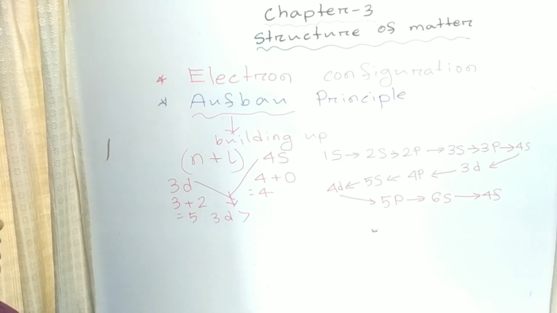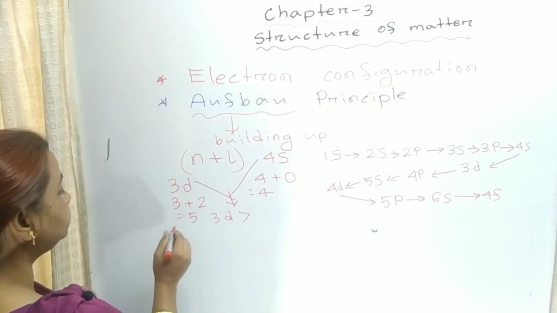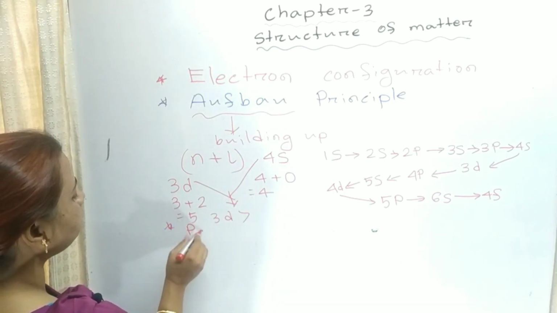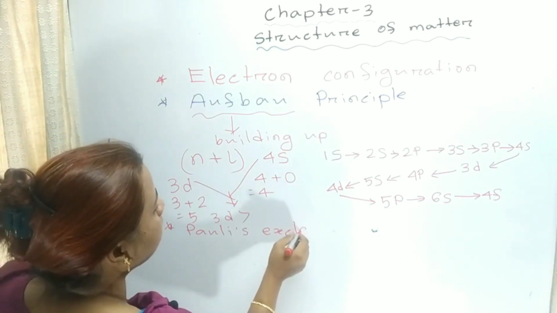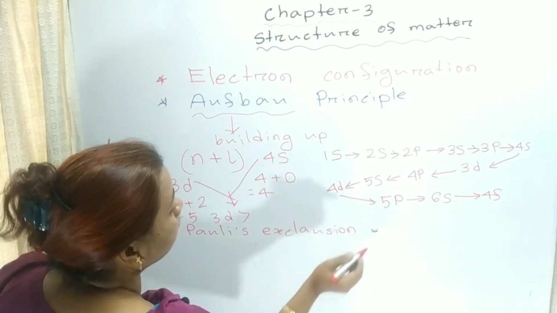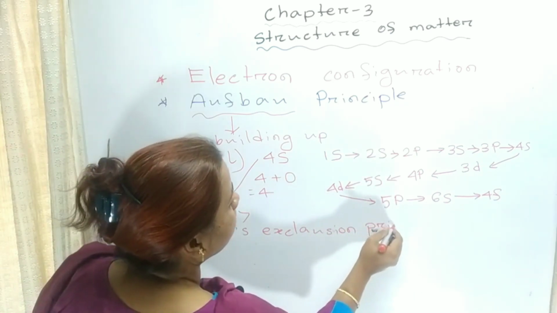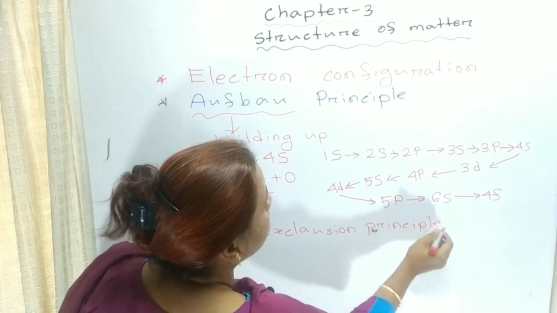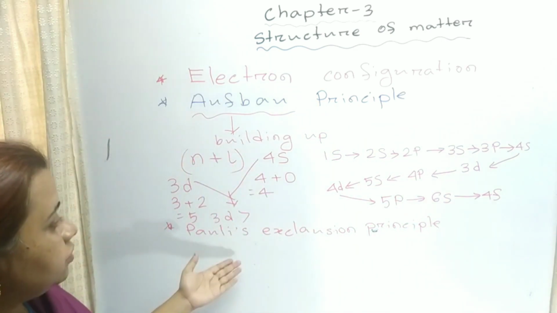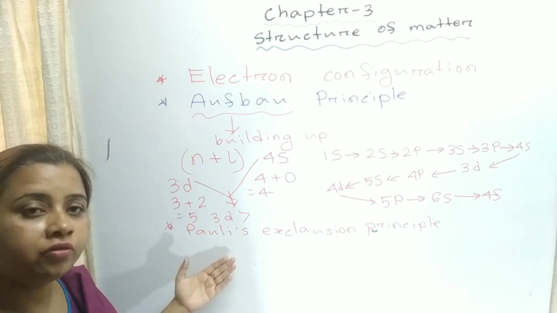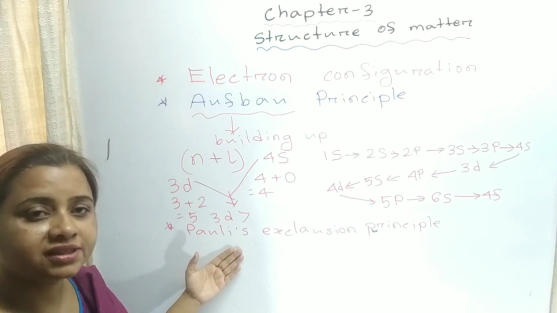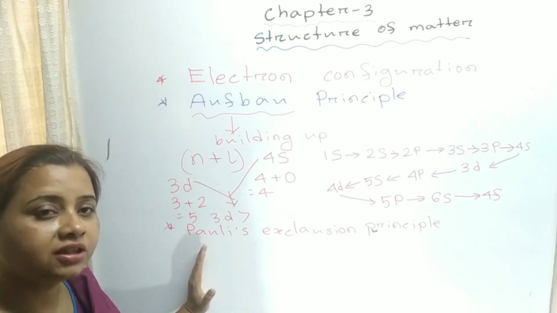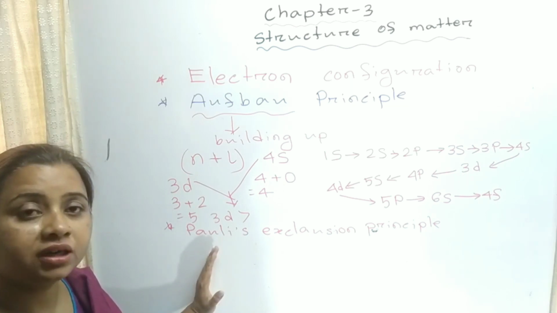Then come to another principle, Pauli's exclusion principle. According to Pauli's exclusion principle, the values of the 4 quantum numbers for any 2 electrons of any atom can never be the same. At most 3 quantum numbers can be the same, but one must be different.